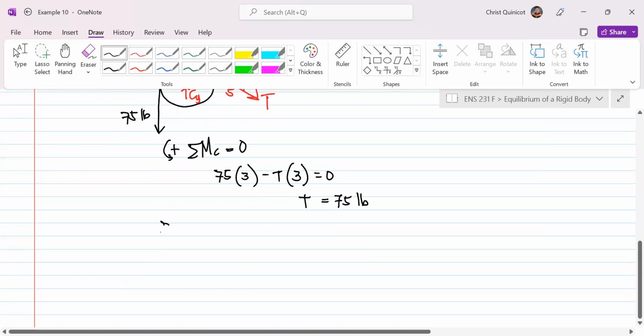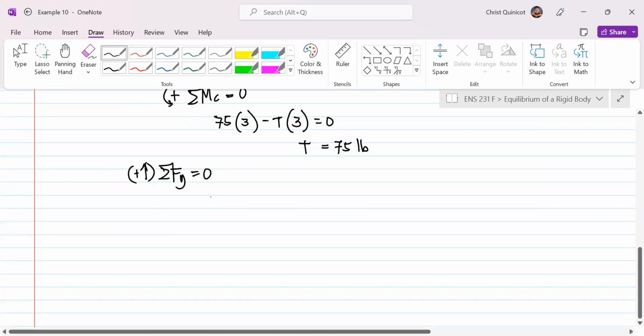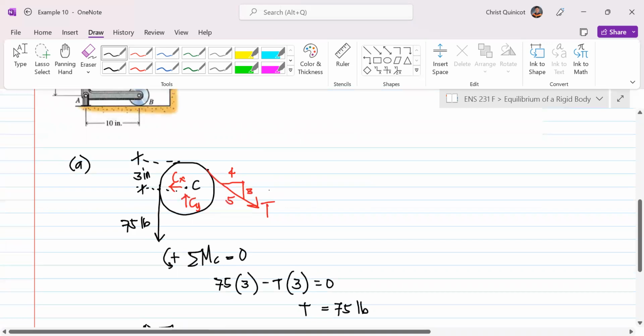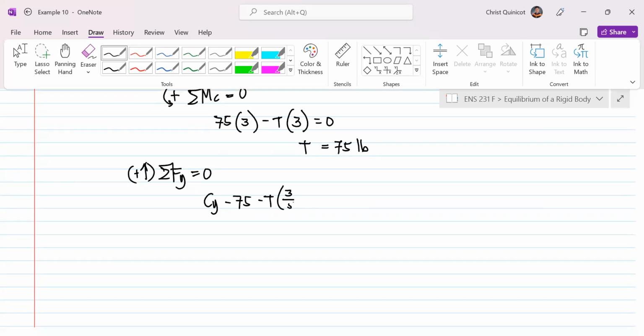So we do force summation y is equal to 0, assuming upward positive. And the only upward force is C sub y. So that's C sub y minus our 75 minus the y component of our tension, and that is T times 3/5, is equal to 0.